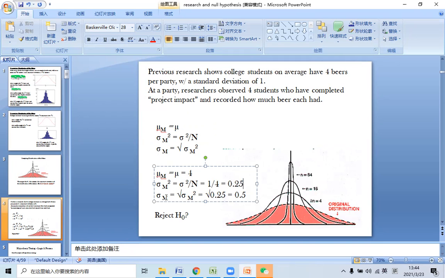And that is the variance. To get the standard deviation, you take the square root of the variance. That is the relation between the distribution of individual scores and the distribution of sample means.